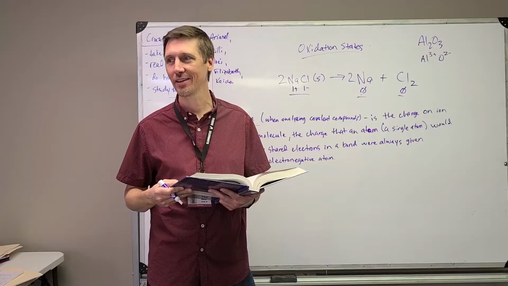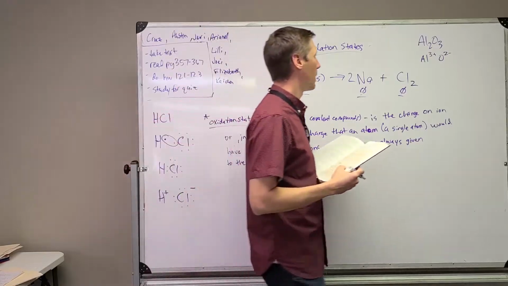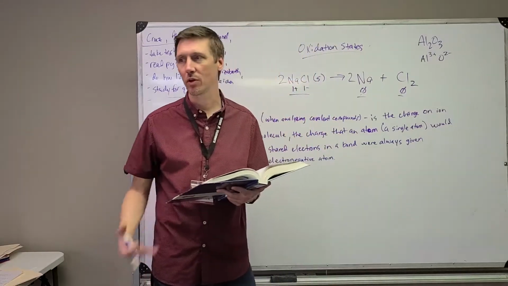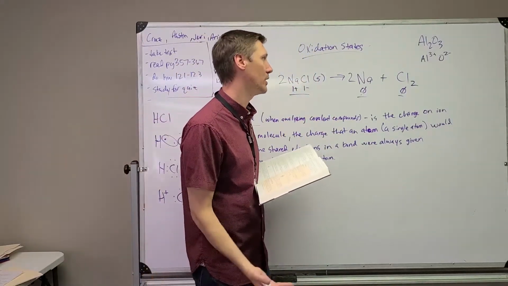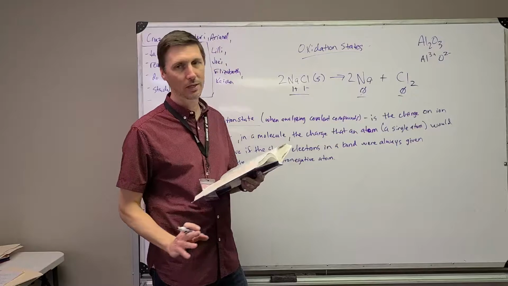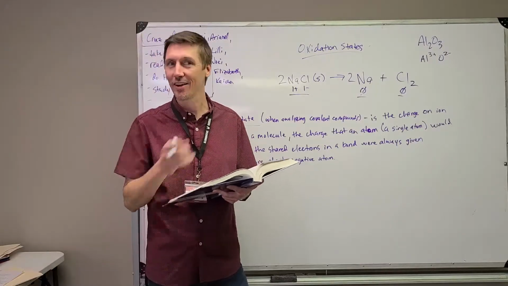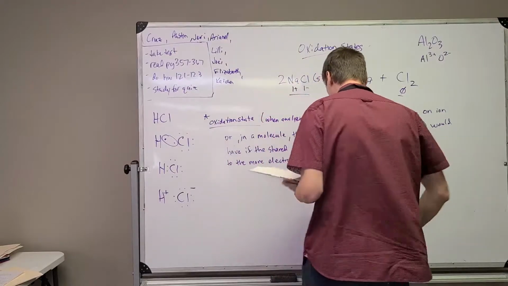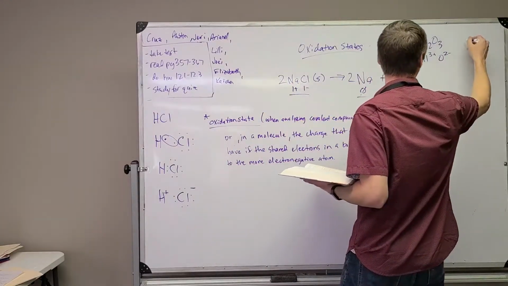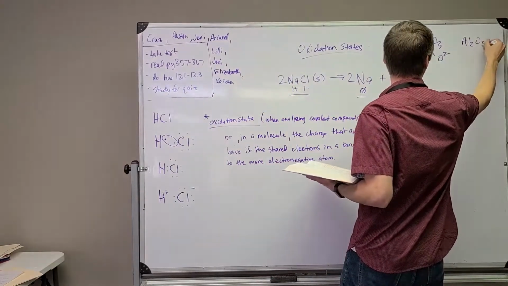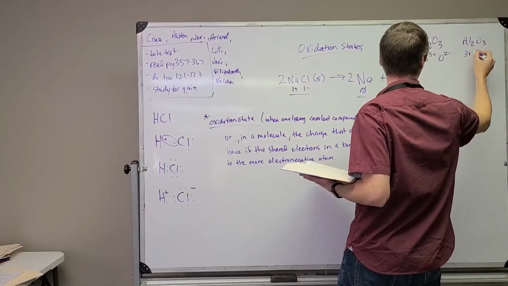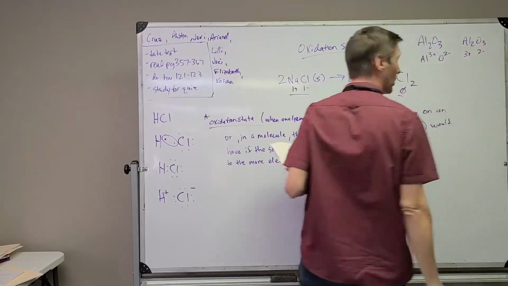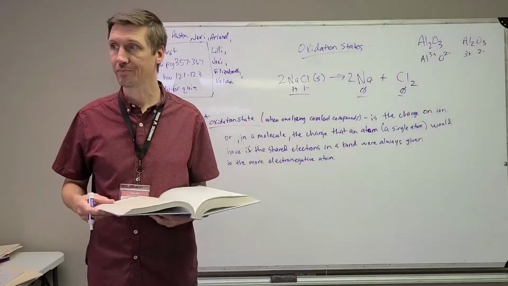You guys remember that? I figured out the charge because we already had a balanced compound. The numbers were already correct there. So I just swapped, and instead of dropping, I swapped and lifted, right? And figured out what the oxidation state was. So for Al2 and O3, if I gave you that compound on a test or a quiz, I would just expect you to write a 3+ below Al and a 2- below O. Okay?